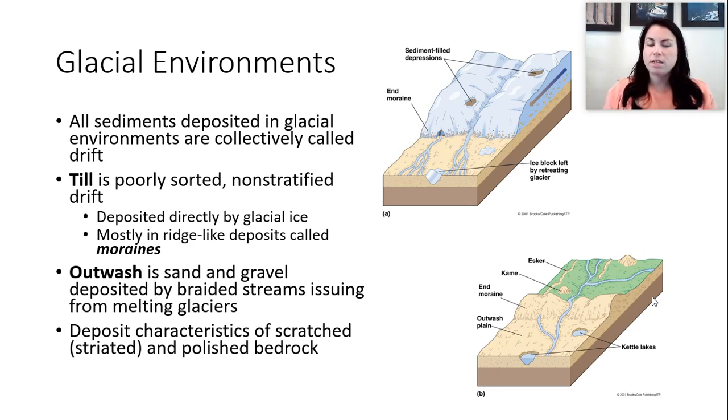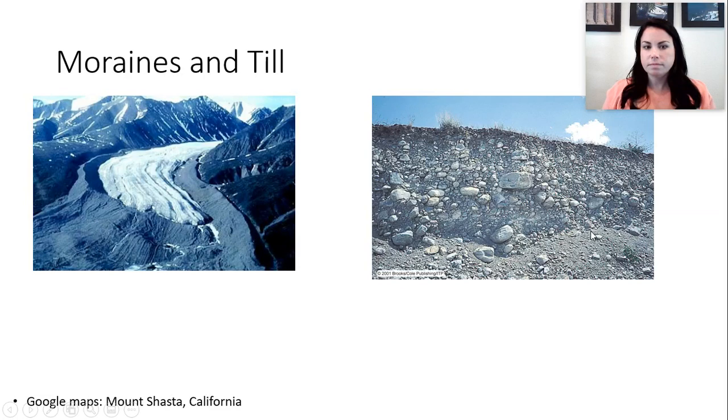So as a glacier retreats, you see these striations in the rock. So here's a picture of a glacier at Mount Shasta, California. And this is the resulting moraine. This is a picture of those sediments that have been deposited. And of course, if you were to look at where the glacier has retreated, you'd see those striations.